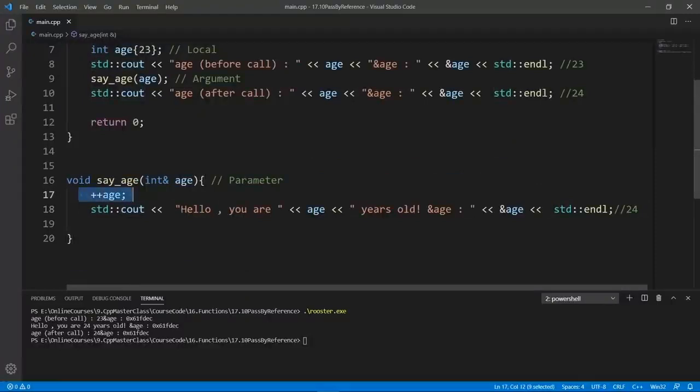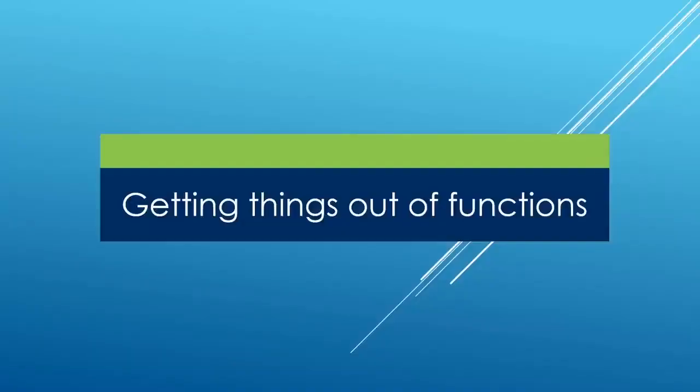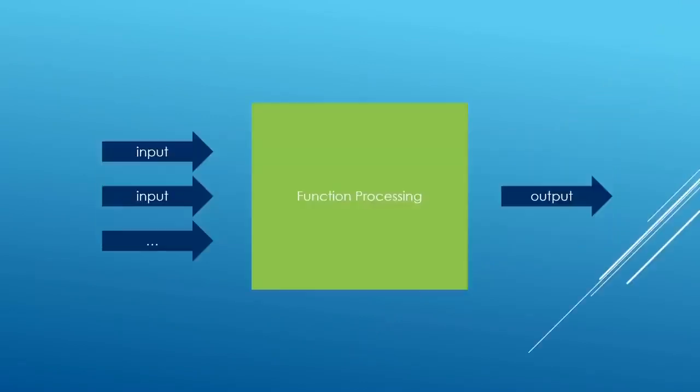And this is going to avoid copies like we have seen when we were passing parameters by value a few lectures back. I would like to welcome you in this new chapter where we will be focusing on how to get data out of functions. Again, the model of a function is really what you see here. It is like a machine and you can give input to that machine and you expect to get something out of that machine.